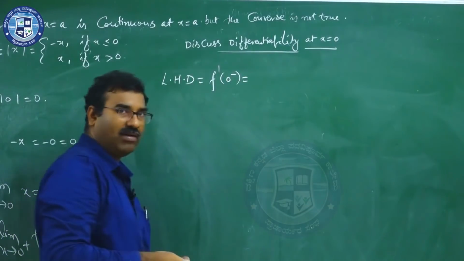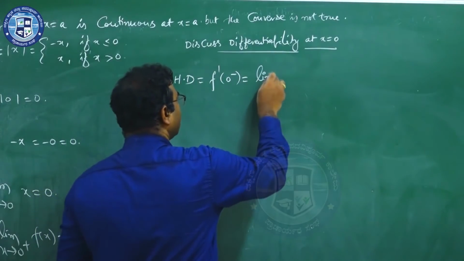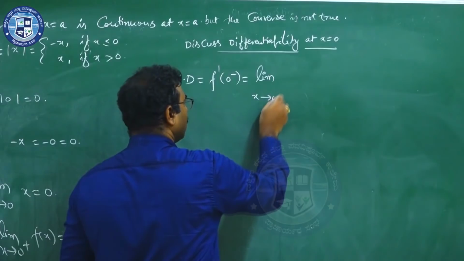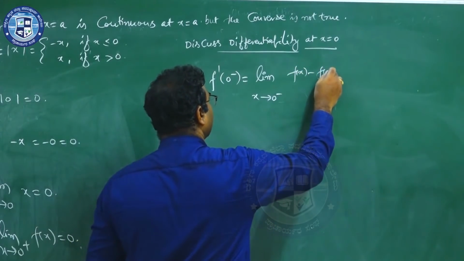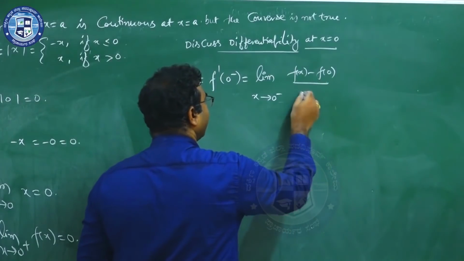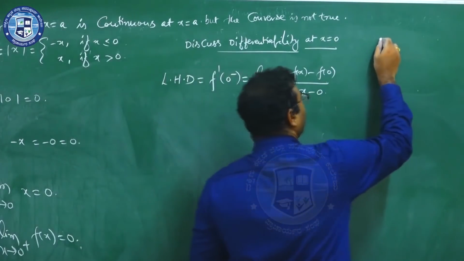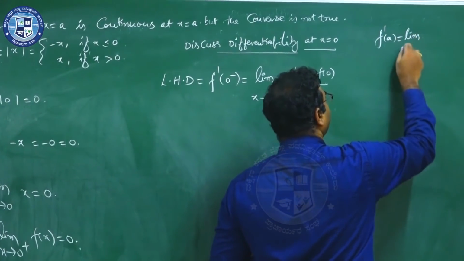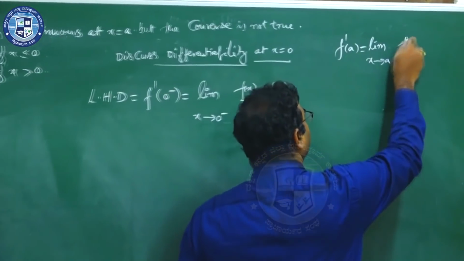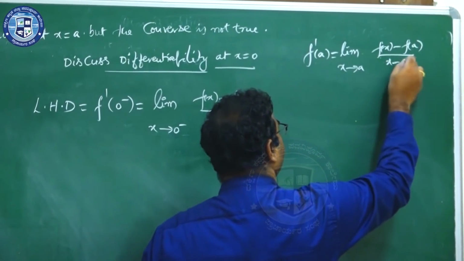What is the formula we have? Limit x tends to 0 minus, f(x) minus f of 0 divided by x minus 0. So always remember this formula: f dash of a is limit x tends to a, f(x) minus f of a divided by x minus a.